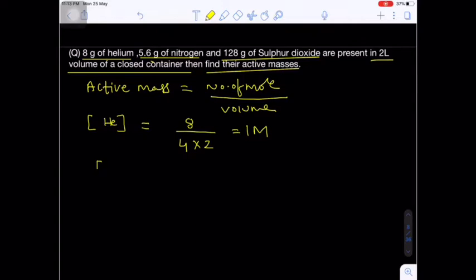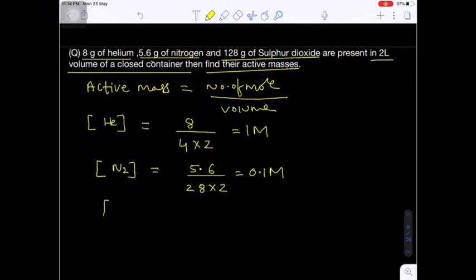Now come to the second gas, dinitrogen. Active mass of nitrogen is equal to, what is the weight of the nitrogen given to you? 5.6 grams. Do you know what is the molar mass of dinitrogen? 28, divided by what is the volume of the container? 2 liters. So 5.6 by 56, the answer will be 0.1 moles per liter.